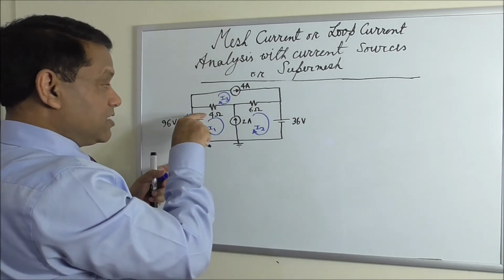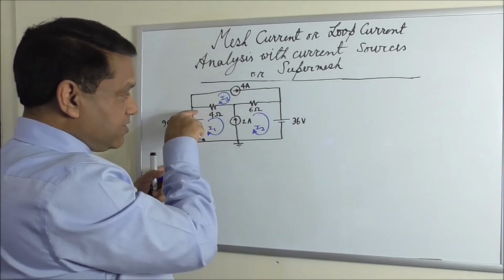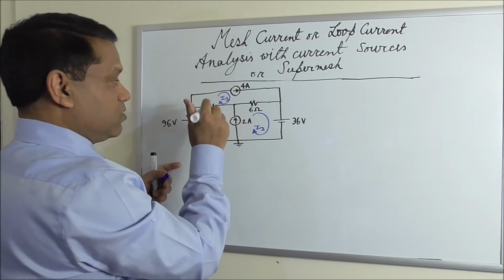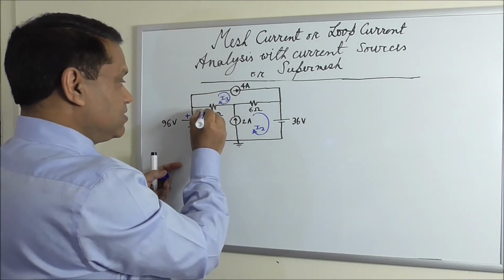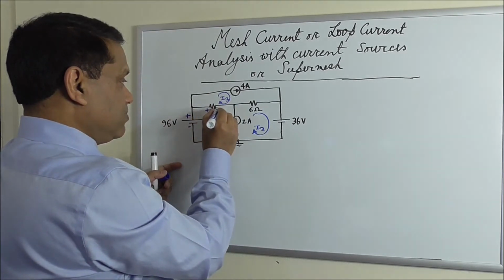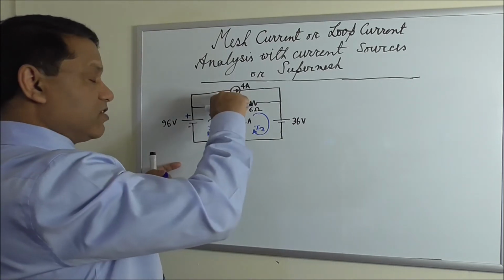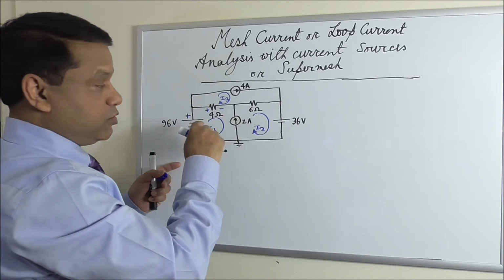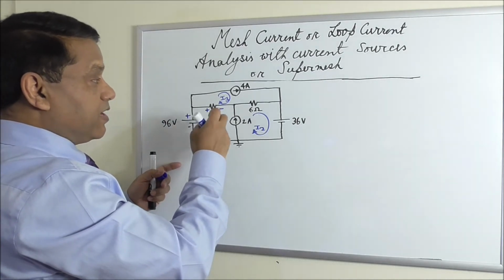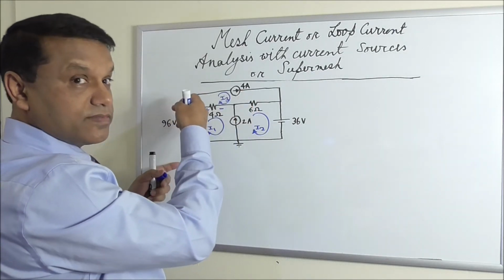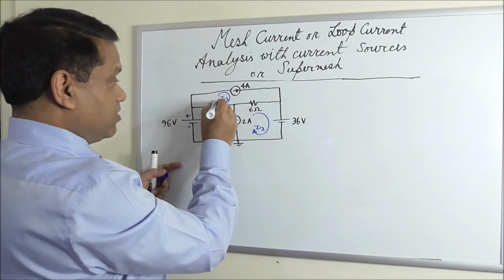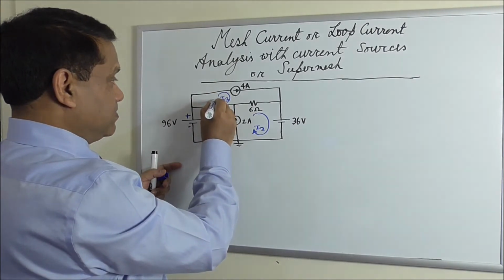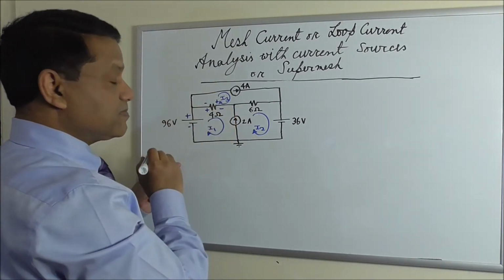But for this loop, we will assume direction of the current in this resistor is this way. So this I1 minus I3. So we will put plus on this side, minus on this side. But for the upper loop, we will assume current is I3 minus I1, and which is obviously this way. And for that, we will put plus on this side, minus on this side.